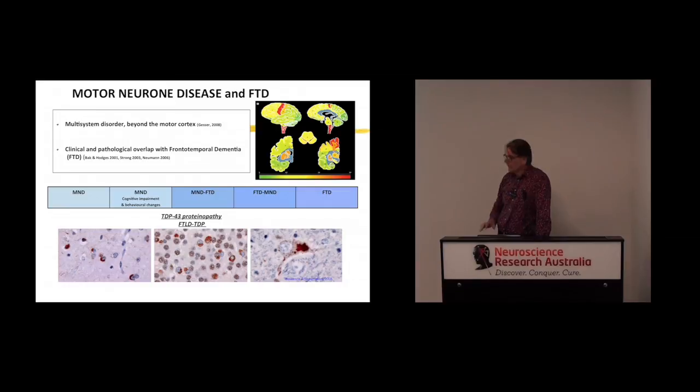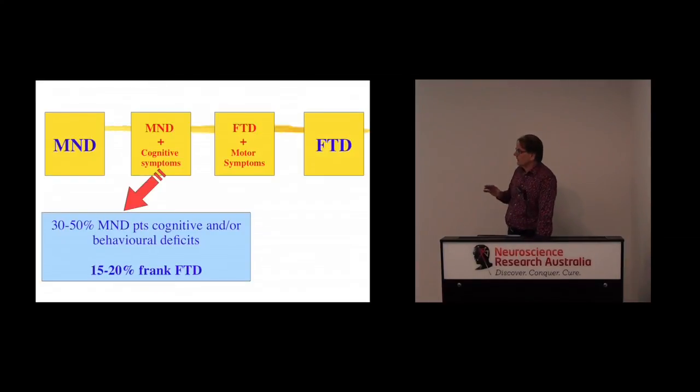So we have been very interested in this continuum between motor neuron disease and FTD. And in a nutshell, of patients presenting to an MND specialist in an MND clinic, about 15 or 20% will develop frank FTD symptoms. Usually the behavioural changes, sometimes the language changes as well.